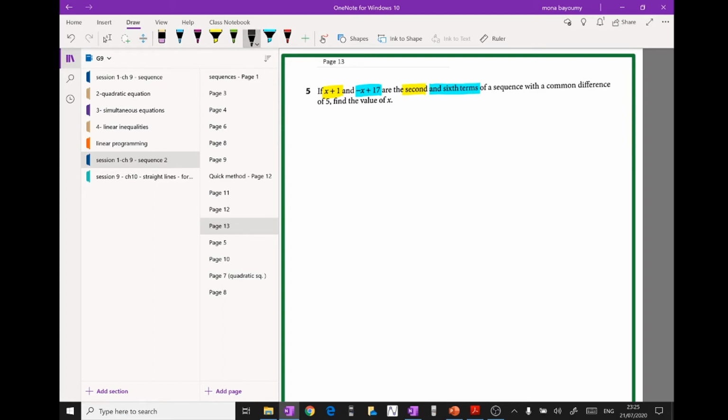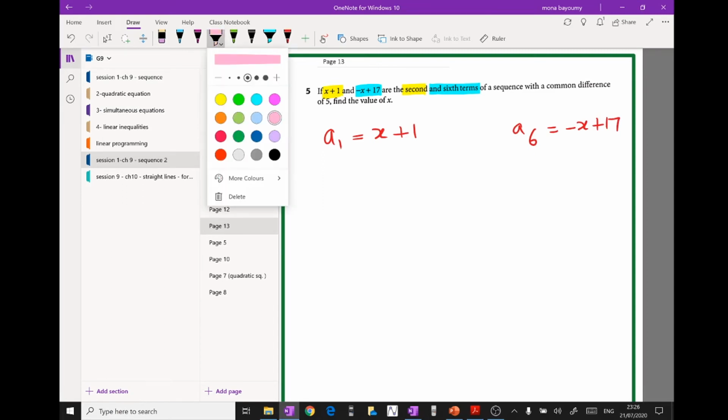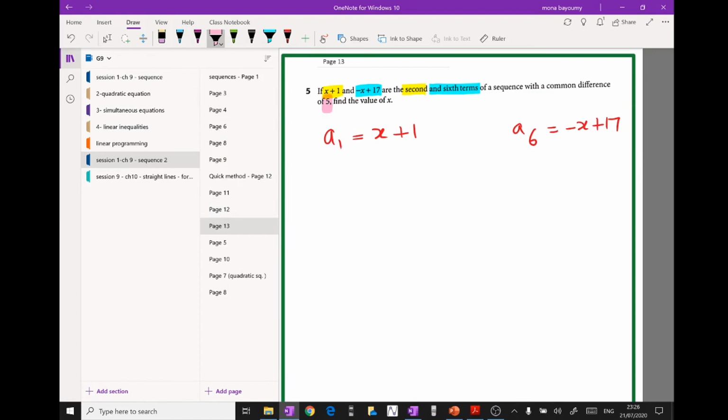How can we solve this question? A2 equals x plus 1. A6 equals negative x plus 17. To solve this question, look at the given information. He said to us that the common difference is 5. So we have to use this.